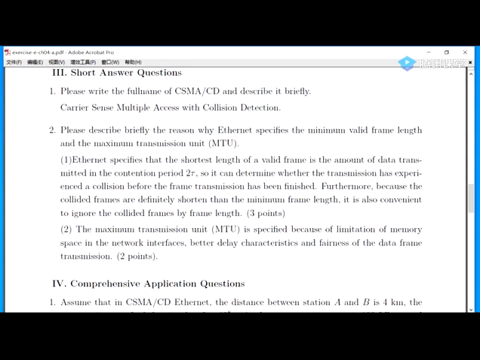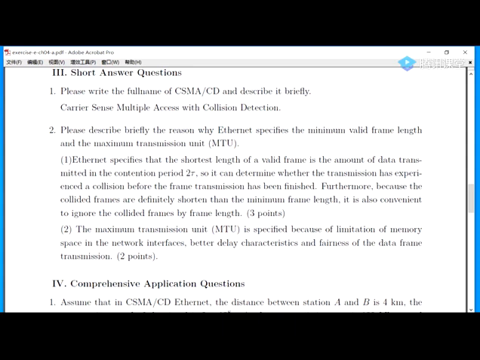Ethernet specifies that the shortest length of a valid frame is the amount of data transmitted in the contention period, 2 tau. So it can determine whether the transmission has experienced a collision before the frame transmission has finished.